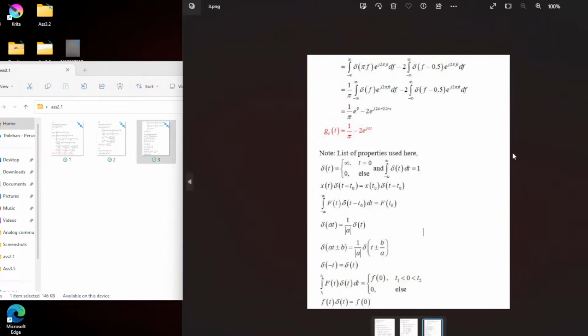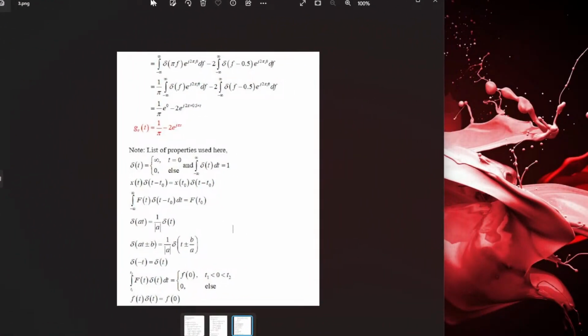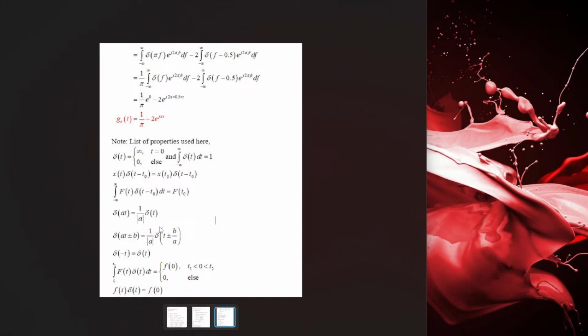There are some properties that come into play when you integrate an impulse function. You can rewrite the impulse function like this: delta of at is 1 over a delta of t.